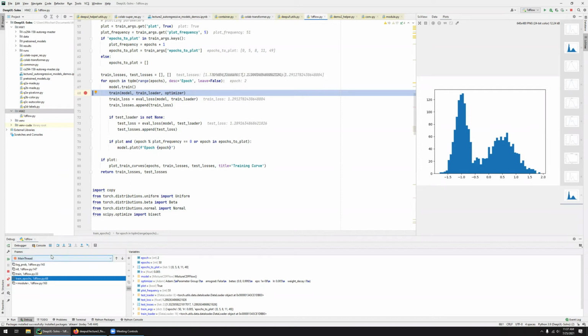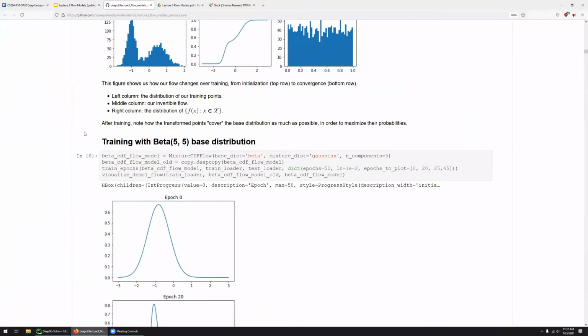The other one is the beta, right? So part 2 is the beta 5.5 beta distribution. I didn't know what beta distribution was, but it's sort of like Gaussian, I think, but slightly tilted. Gaussian is theoretically infinite.